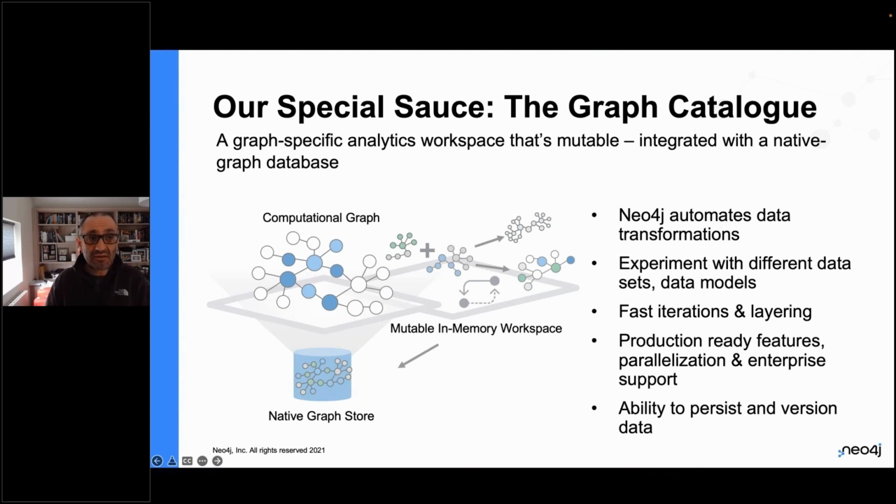Neo4j automates all of the data transformations and enables you just to get on with your work, and it's designed for fast iterations and layering. It's also production ready. This has been battle tested now for several years. It's ready to go. And what's nice about this is when you find something that's successful for you, a projection of the graph that's useful with a combination of algorithms, you can persist and version that data, so you never lose any of that provenance.